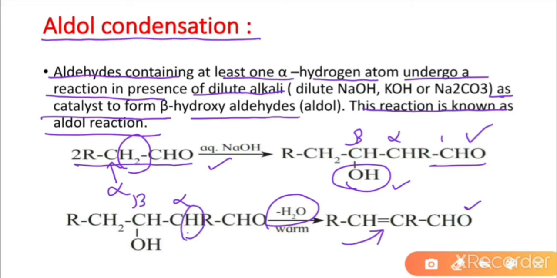Alpha hydrogen and beta hydroxyl group are removed in the form of water. So this step is called alpha beta elimination reaction. In alpha beta elimination reaction, enal product is obtained.